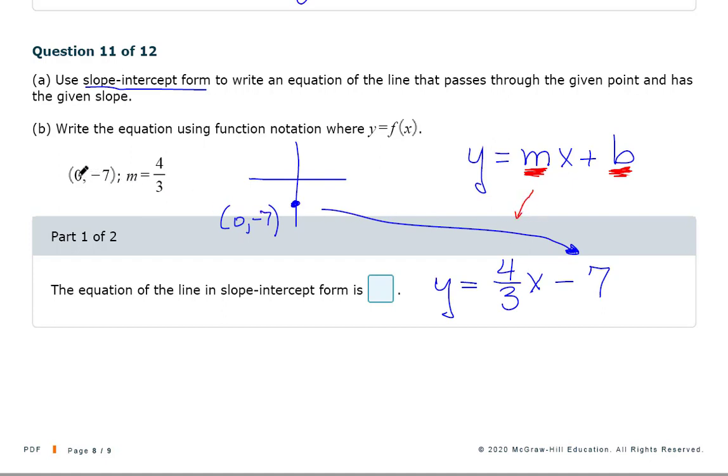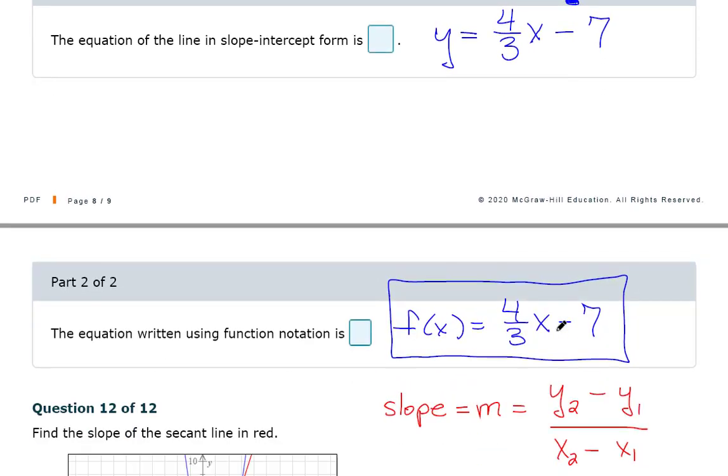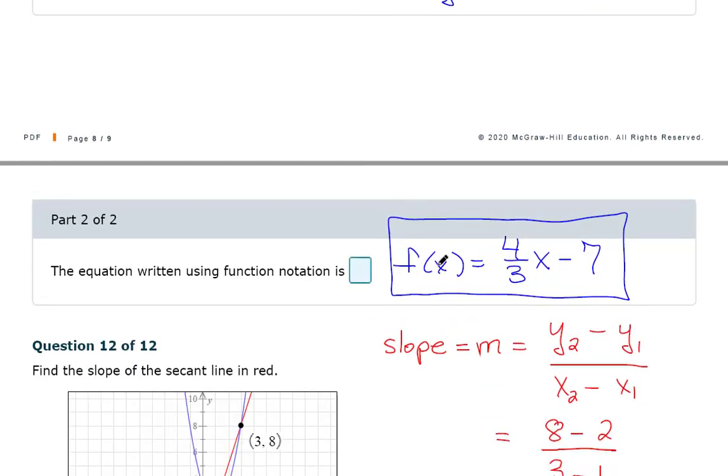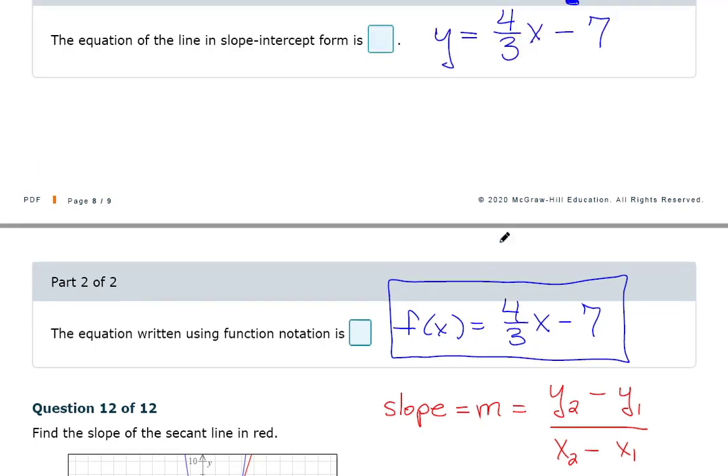And they gave me the point 0, -7, and that is a y-intercept. So therefore, my equation of my line in slope-intercept form is 4/3 x minus 7. And they want us to write it in function notation, which all I did is write the y as f of x.